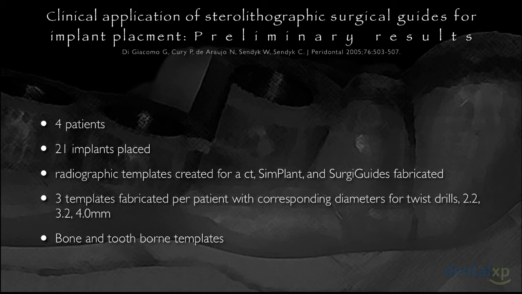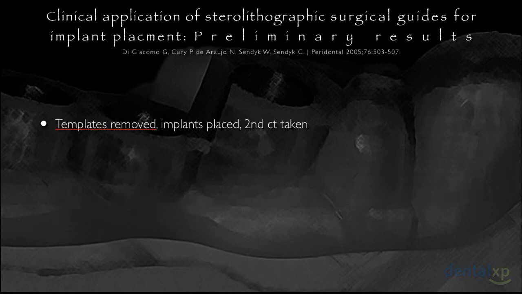So therefore, the templates were placed, the 2.2 millimeter drill was used, that was removed, then the 3.2, that was removed, then the 4.0 millimeter template was used, that was removed, then the templates were removed, and then the implants were placed without any guides, and a second CT was taken.